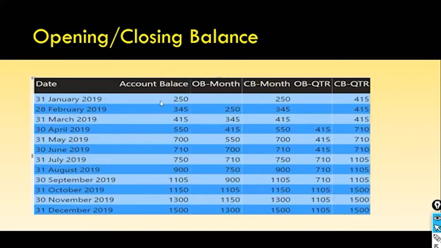What is the closing balance for January? The same value, 250. Ignore the quarter for now. In February, your account balance is 345. The previous month's closing balance will become your opening balance for the current month, so the January closing balance is the opening balance for February. For February, the closing balance is 345.